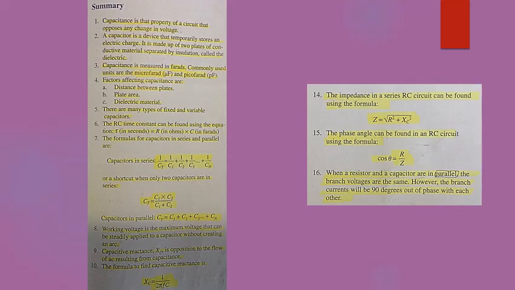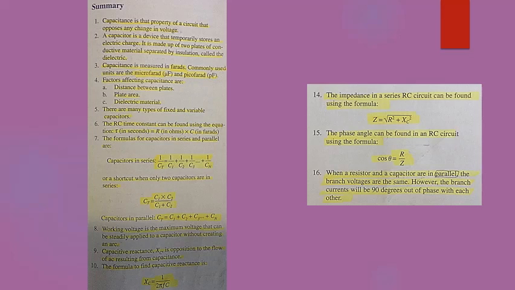The summary for this chapter is: 1. Capacitance is that property of a circuit that opposes any change in voltage. 2. A capacitor is a device that temporarily stores an electric charge. It is made of 2 plates of conductive material separated by insulation, called the dielectric. 3. Capacitance is measured in farads.